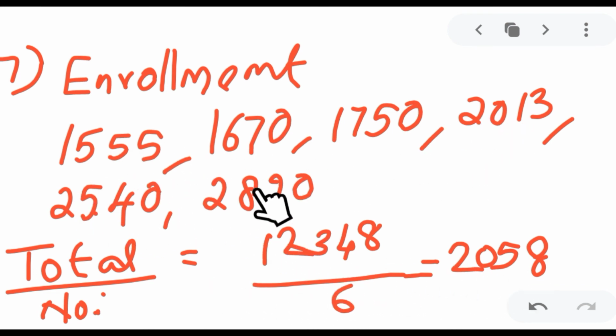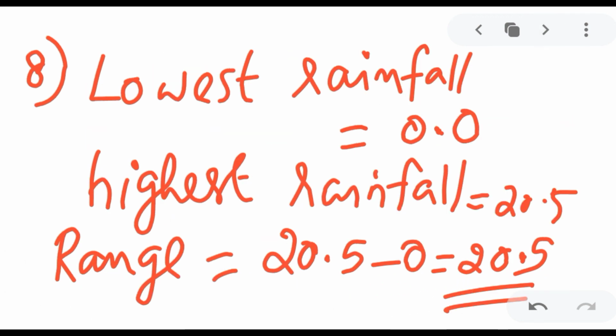These are the number of students in each of 6 consecutive years. After adding all, we get 12,348. Then divided by 6, since 6 years are given, the answer is 2058.